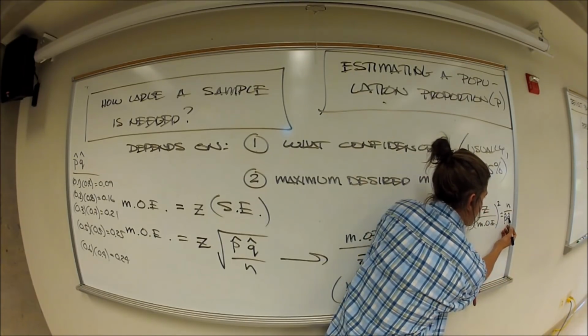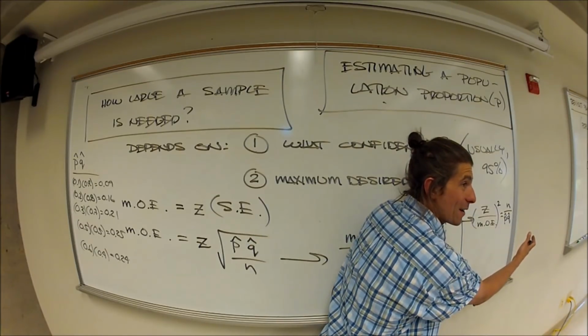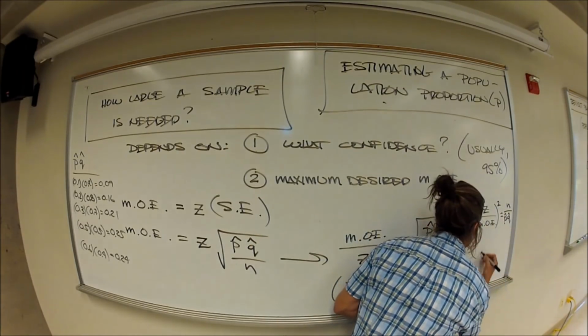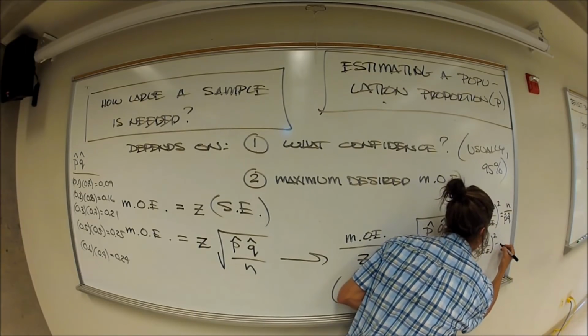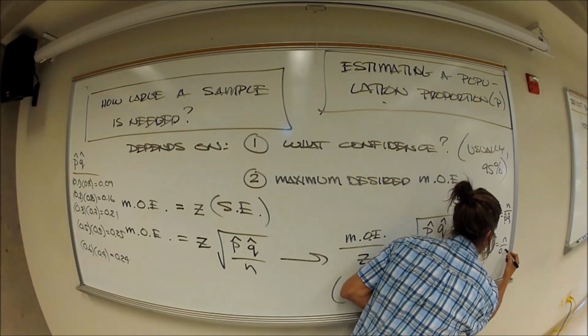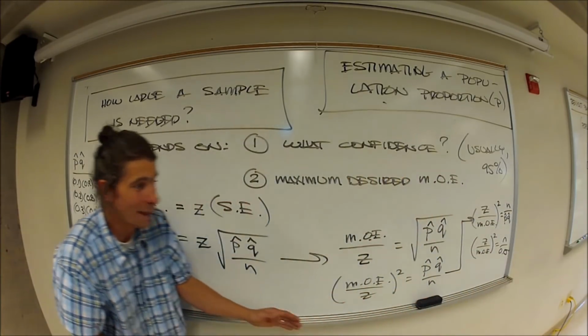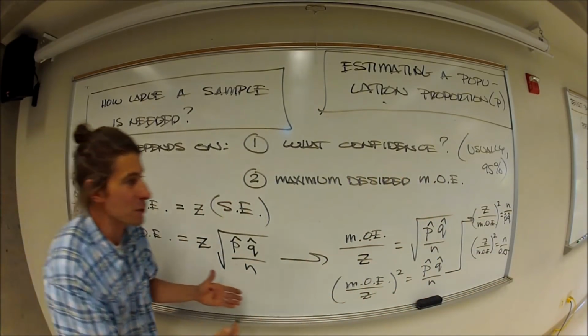If this is a half and this is a half, the whole thing is 0.25. So I end up with Z over the margin of error squared equals N over 0.25. And last but not least, just multiply by that 0.25.